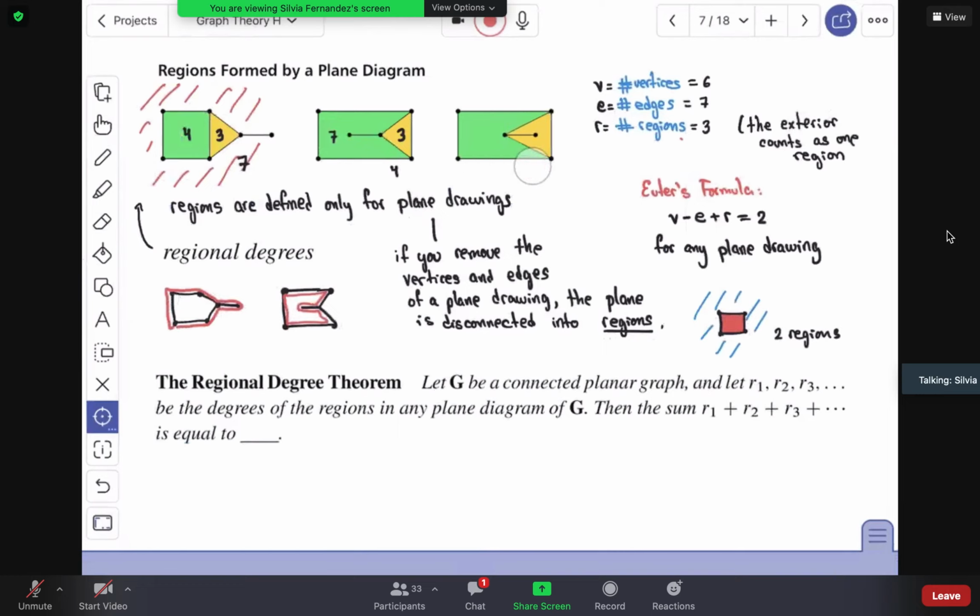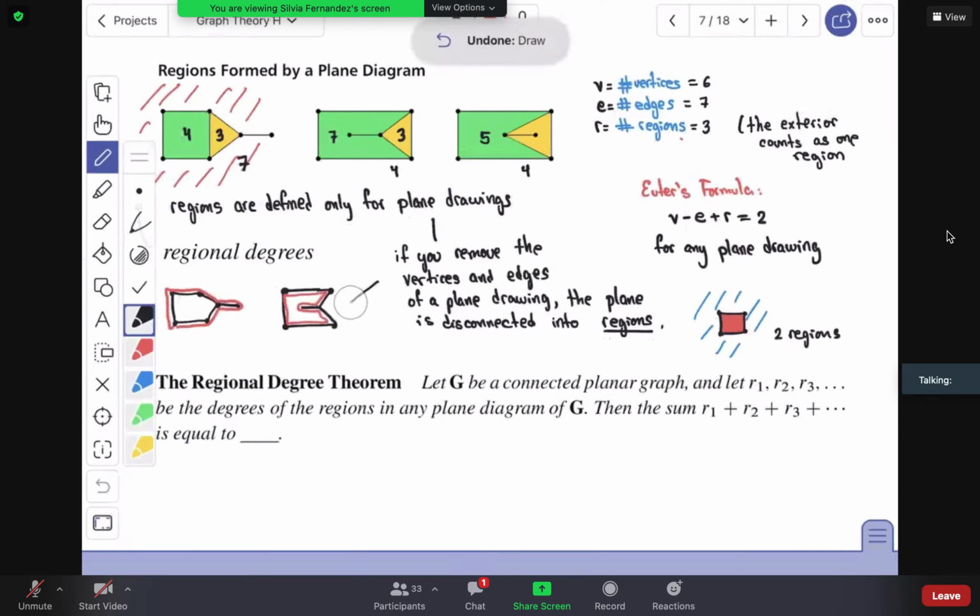This one for the green one, 1, 2, 3, 4, 5. For the outer one, I just walk around that rectangle, 1, 2, 3, 4. For the yellow one, it's something like this, and I walk inside. So I'll go 1, 2, 3, 4, 5. So the regional degree of this one is 5. Regional degree of the square is 4, and 4 outside.